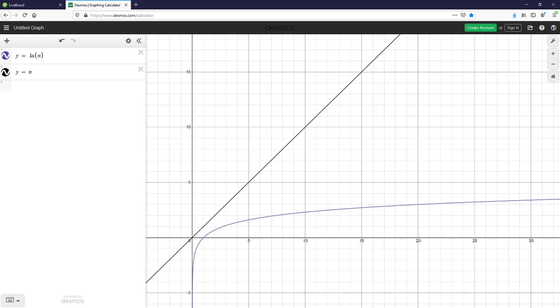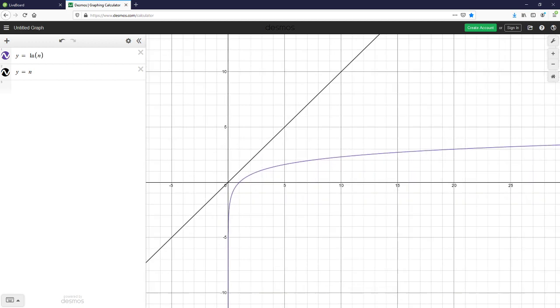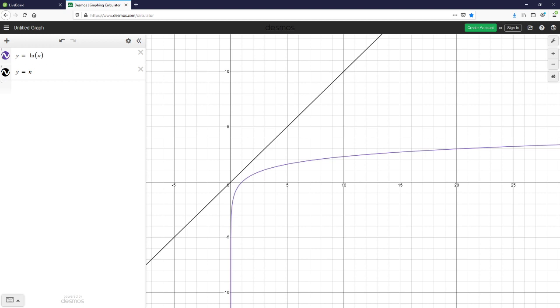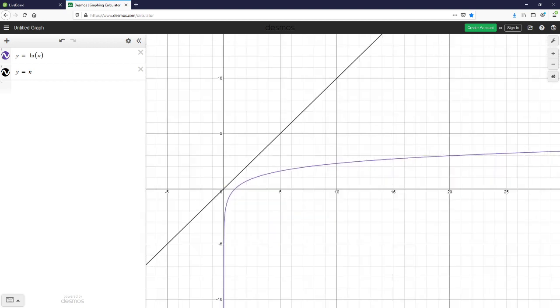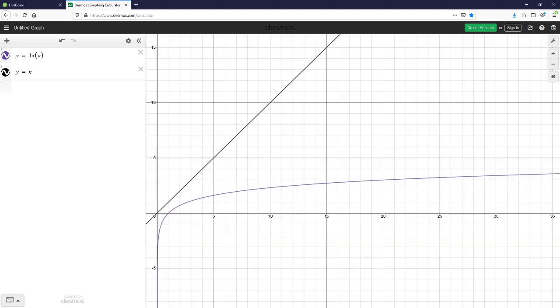So in computer science, let me just talk about computer science for a second. N normally indicates the number of data elements that you are going to feed into an algorithm. So if you see me taking the domain and shifting over like this to ignore all the negative values, you'll understand why.